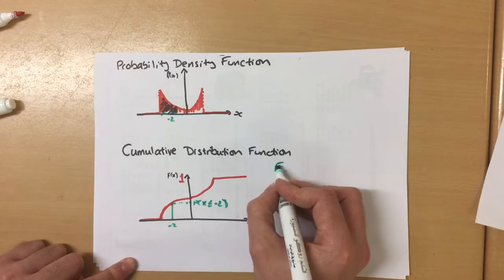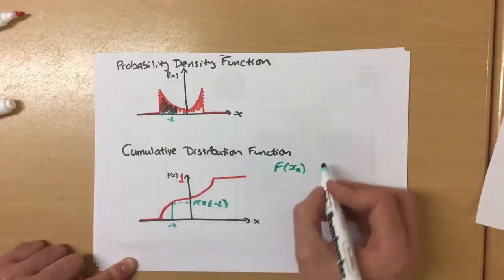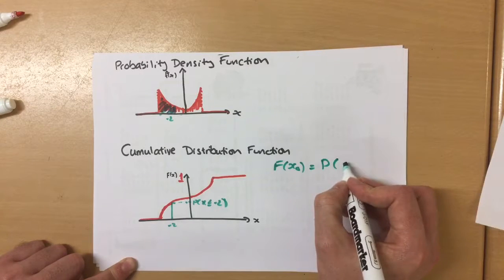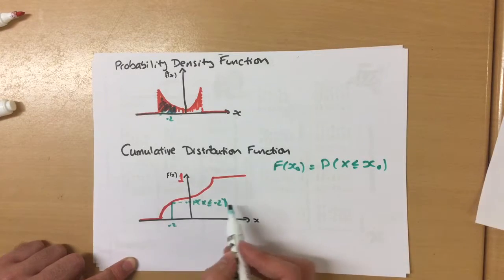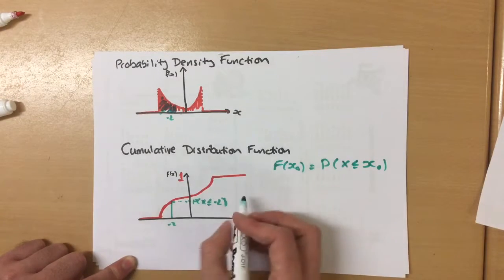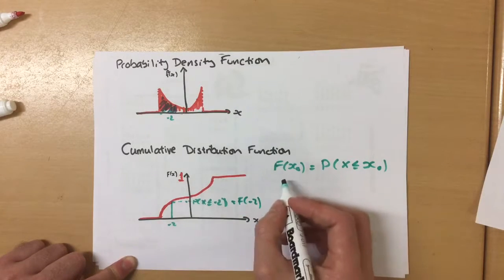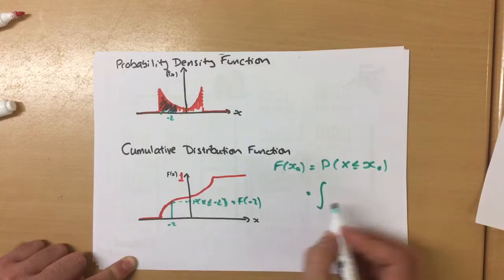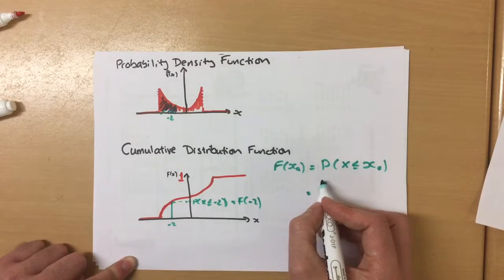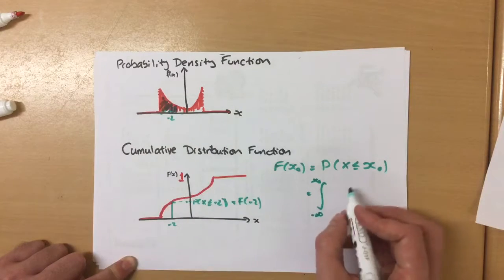So use a capital F for the cumulative distribution function. So F(x) is the same as saying the chance that X is less than some value. So in this example, that X is less than -2, and you can write this as F(-2). And we define this as the area between -infinity and -2 of this curve.